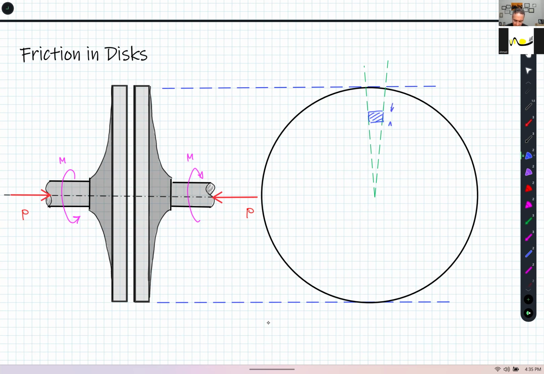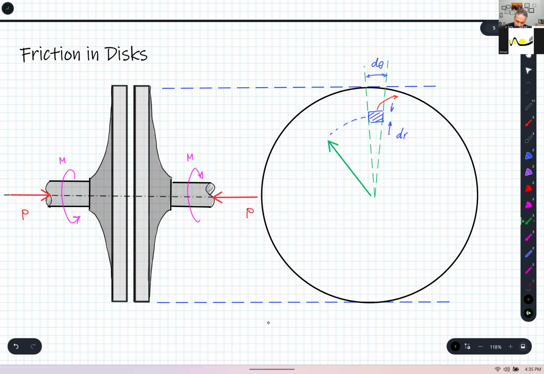Suppose here is the r and this angle is theta. Therefore, if the radius over here is r, then this arc length is going to be r d theta.